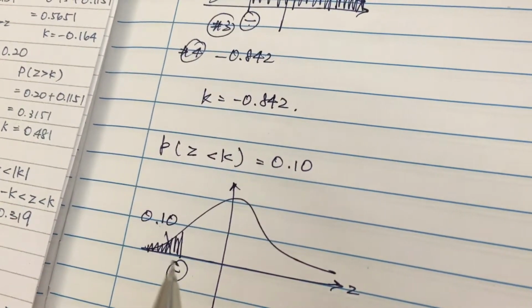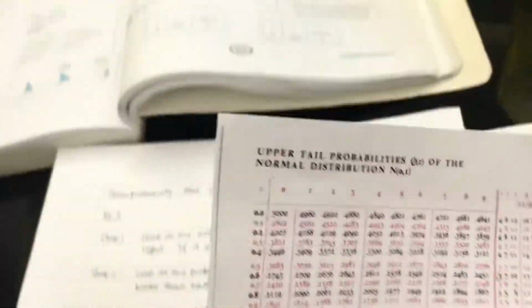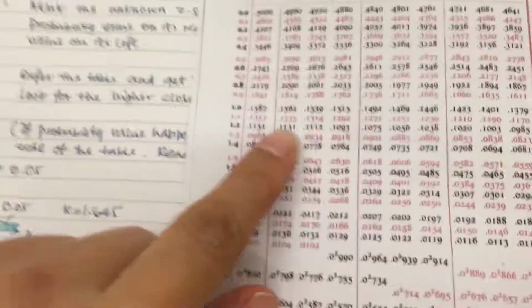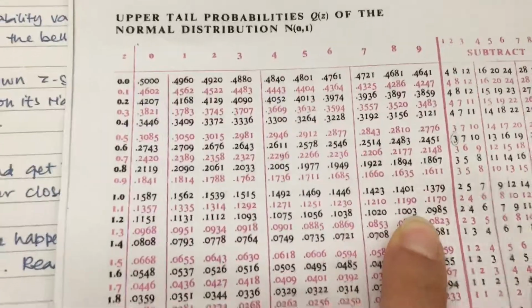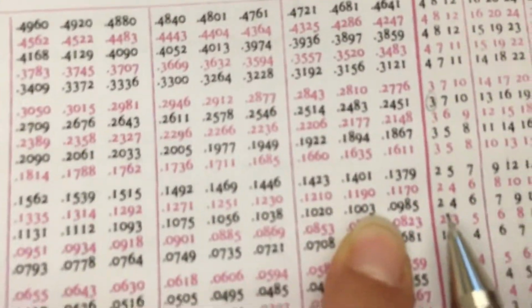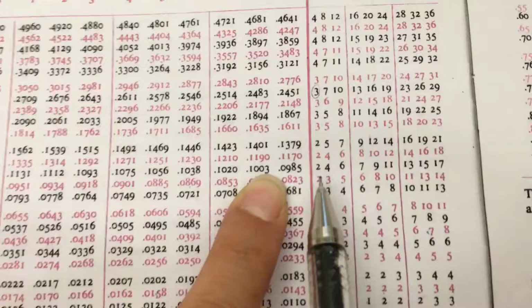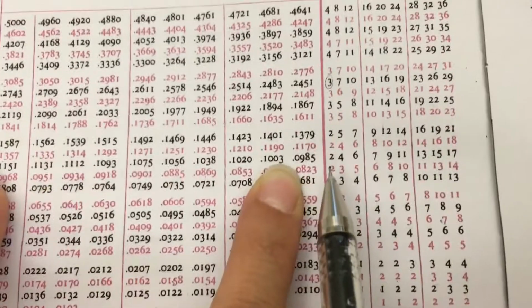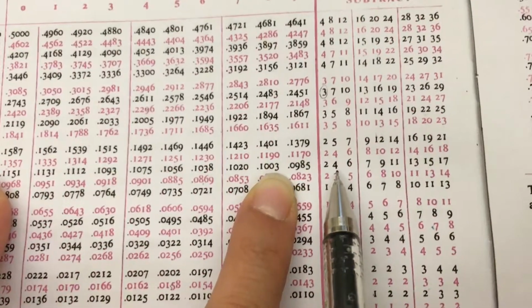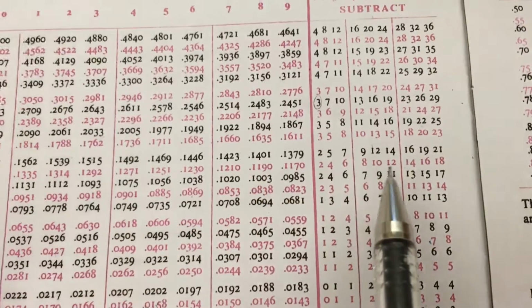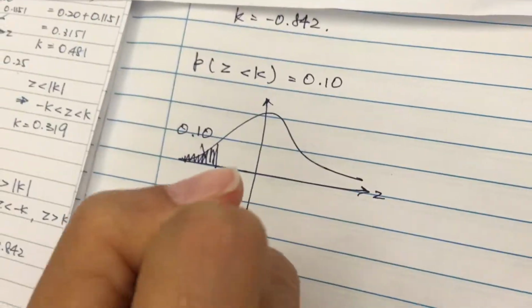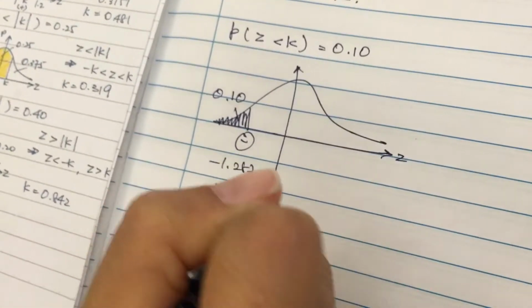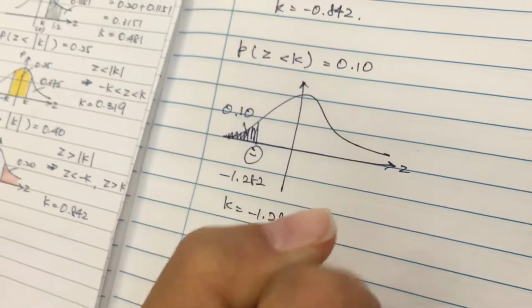I have to look for 0.10. The closest, I need to use 3, but 3 is in between 2 and 4, so you can use either one. Say I use 4, 1.282. So that means this is negative 1.282. So k is negative 1.282.